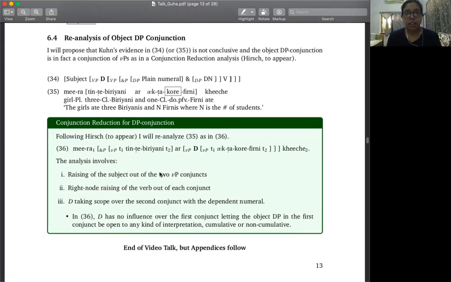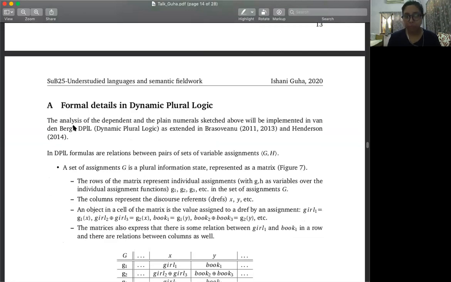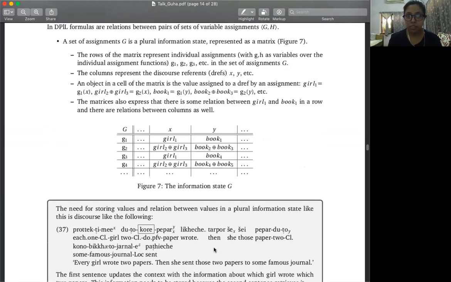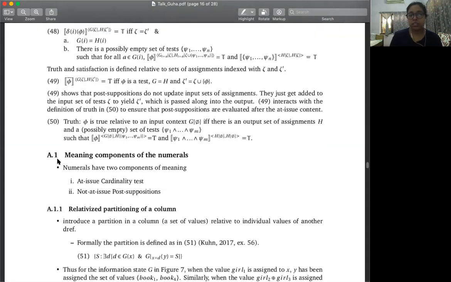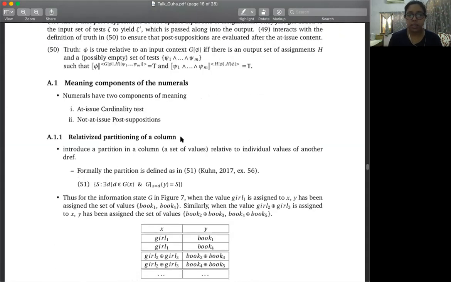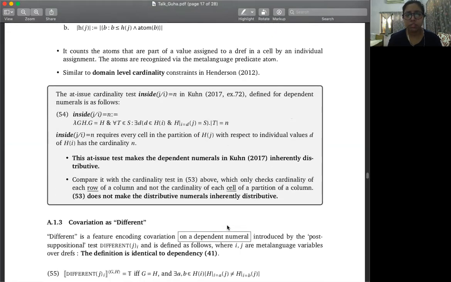So that's it. I'll end my talk here because of time restrictions, but I do encourage you to look at the appendices where I lay out the formal details that I've tried to work out, especially Appendix A1 with the meaning components of the numerals.